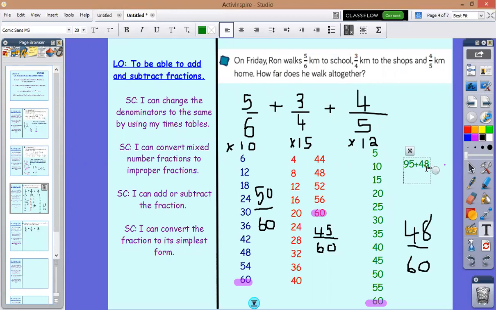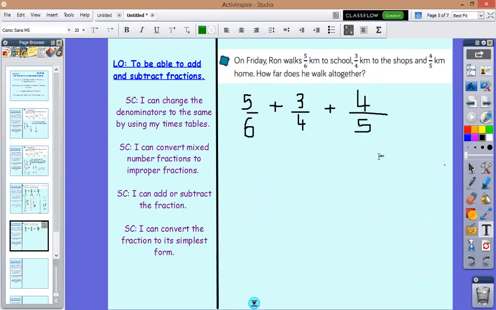I can make the 48 into 50, and remember I've added 2 extra, so it's easier for me to add 50. So actually I could make the 95 into 93, because I've added 2 extra to this number, which means I can take away 2 from the other number and it's still the same. So 93 add 50 is easy to work out, it's 143. So I'm looking at 143 over 60.